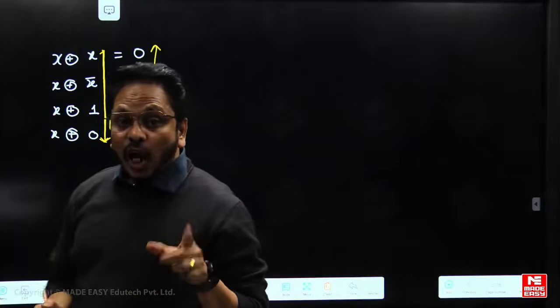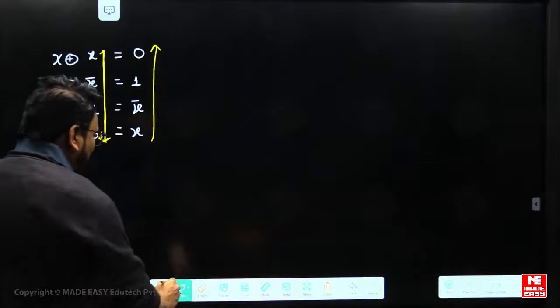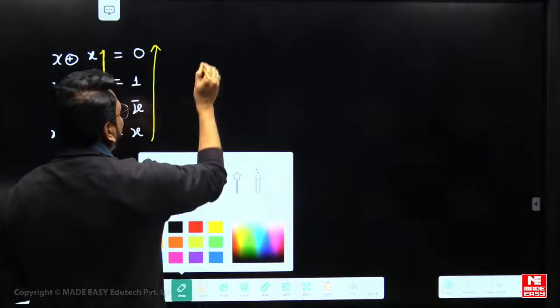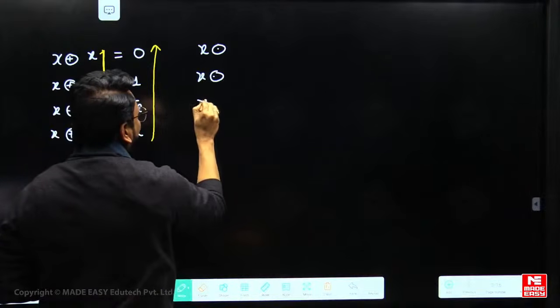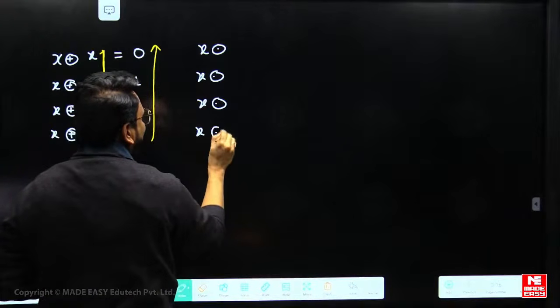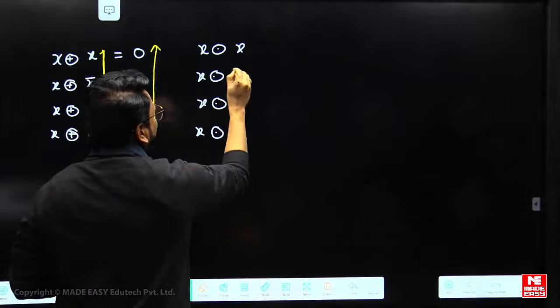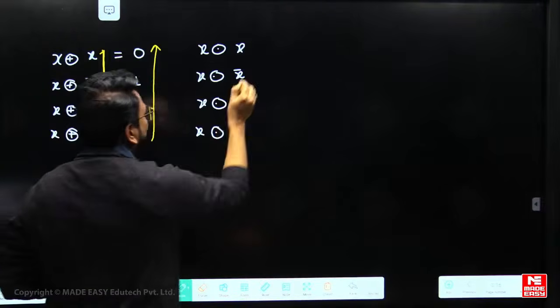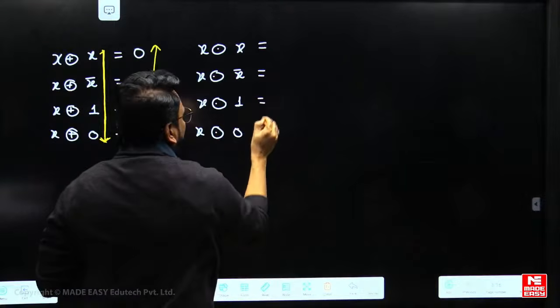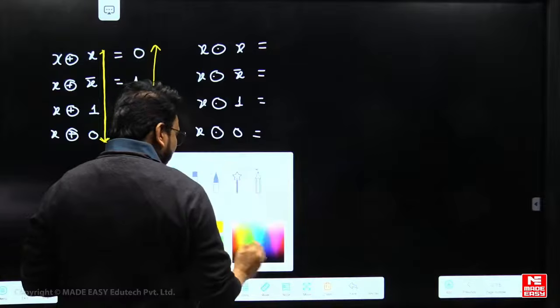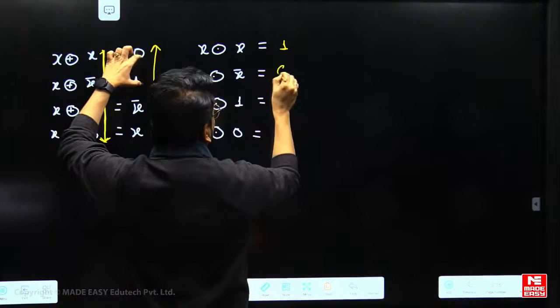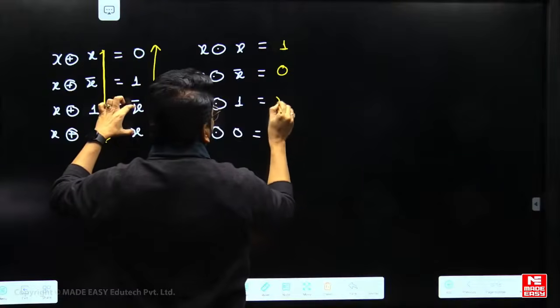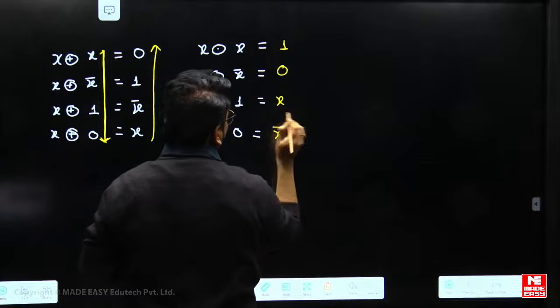Even for XNOR you can do the same. For XNOR we write it like this, and here also X bar 1 0. These two things you should interchange, like the shift, 1 0, and these two should be changed like this, X bar, in this manner.